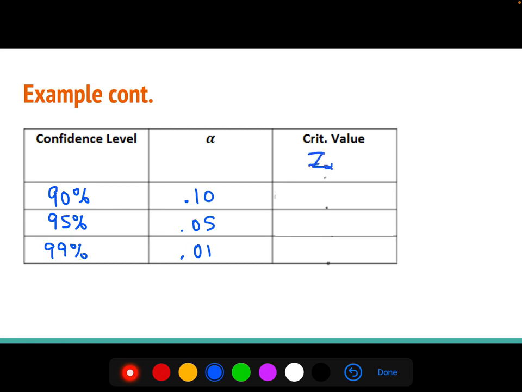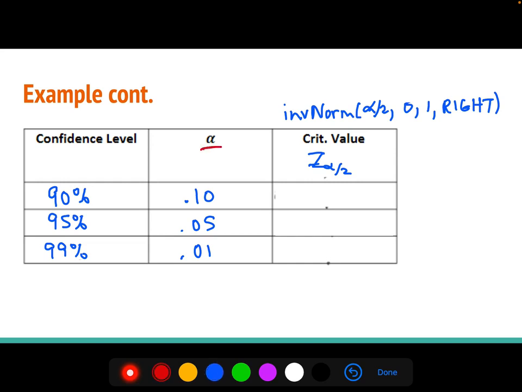And remember to find the z alpha over 2, or critical value, it's the inverse norm of your alpha over 2. So that's your probability right there, your area, comma 0 and 1 because of mu and sigma, and on the right. Okay, that's what we're going to be doing.